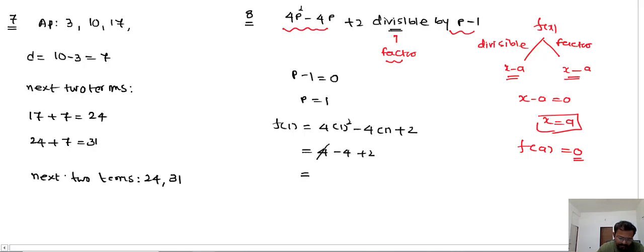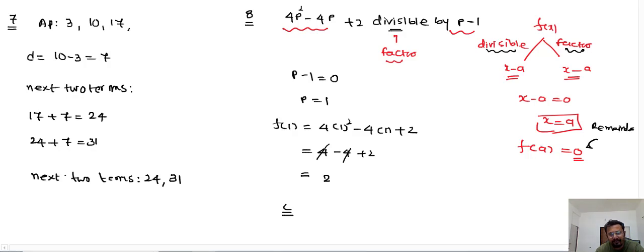Here, when the word is divisible or factor, then you take the remainder equal to 0. But if you are going to divide and you want to find the remainder, here the word is divided by, so in this case we have to find the remainder.